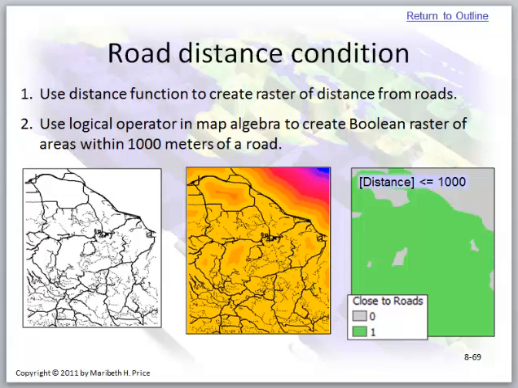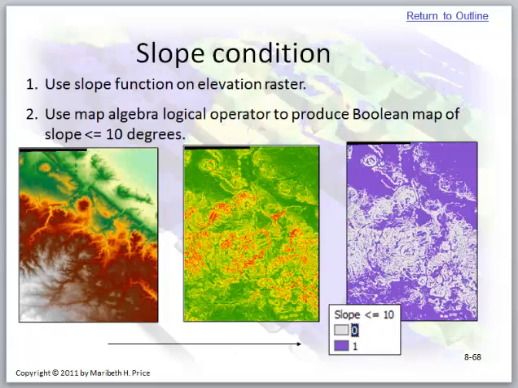The road distance condition will use the distance function to create a raster of distance from roads and use a logical operator in the map algebra to create a Boolean raster of areas within 1,000 meters of a road. And here we have close to roads, 1 being true, 0 being false.